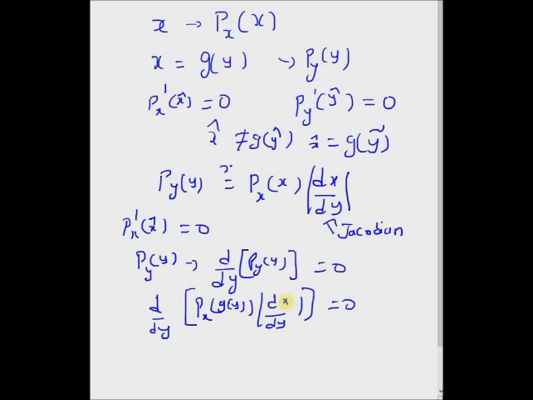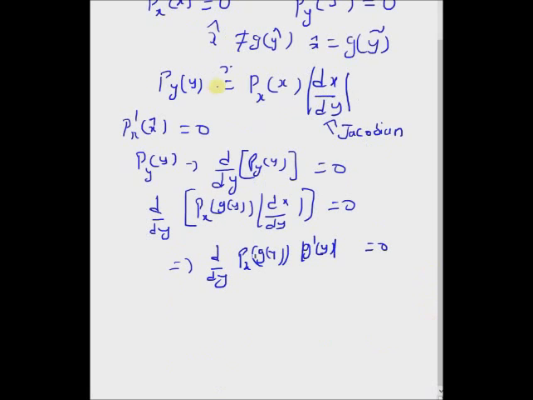But we know that x is equal to g of y. So this becomes the derivative with respect to y of px of g of y multiplied by g dash of y.